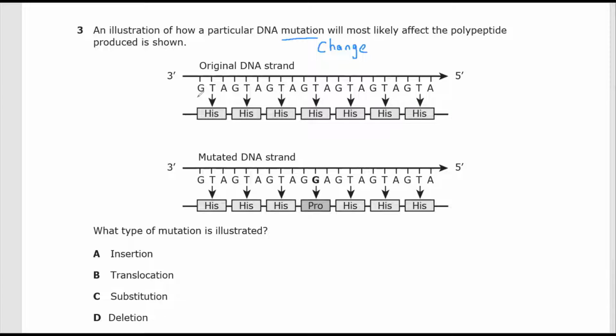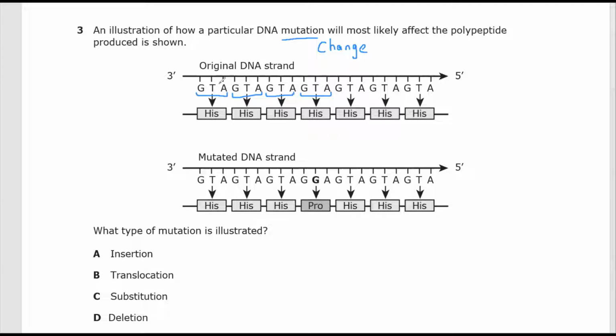And as you've seen here in the original DNA strand, we have guanine, thymine, adenine, cytosine. Actually, there's no cytosine here. So basically, they're in order, and then each 3 of those represent one amino acid molecule.